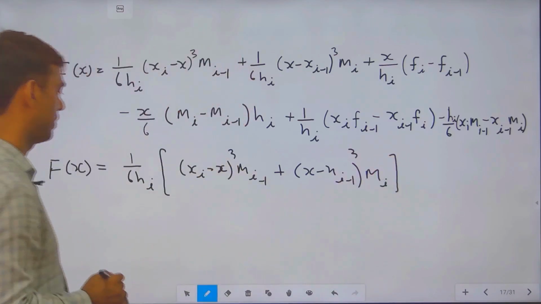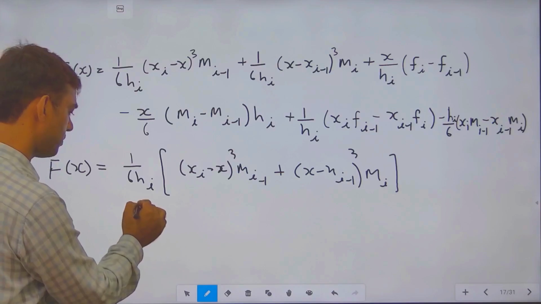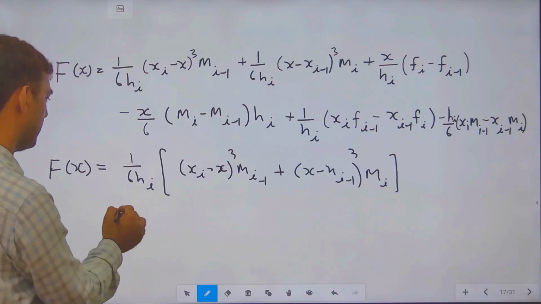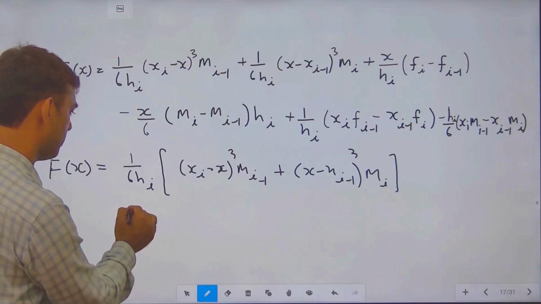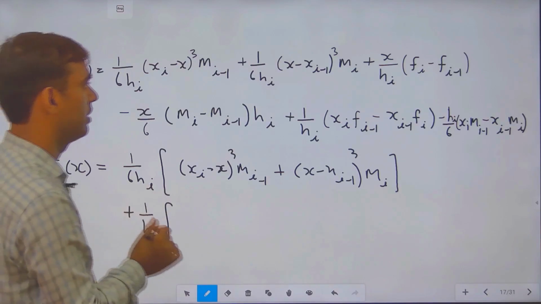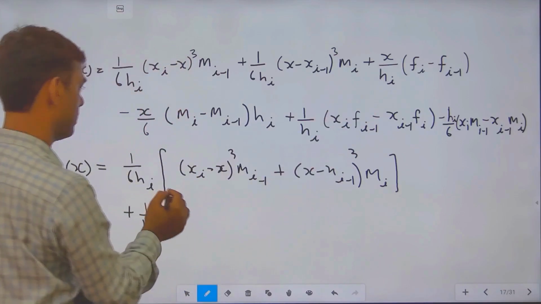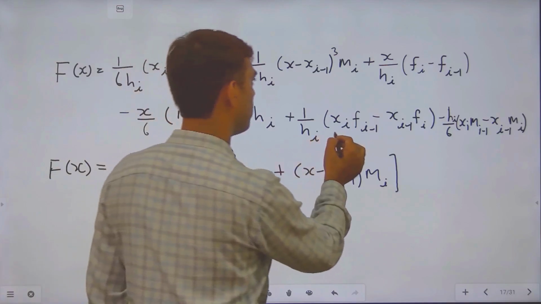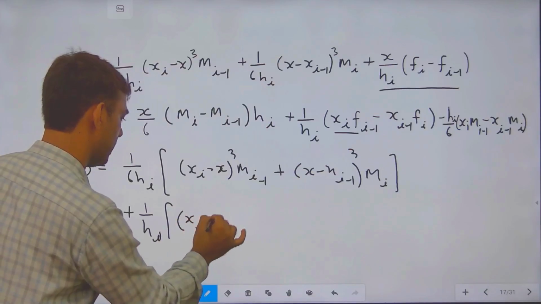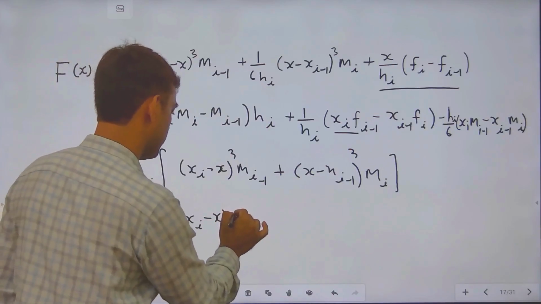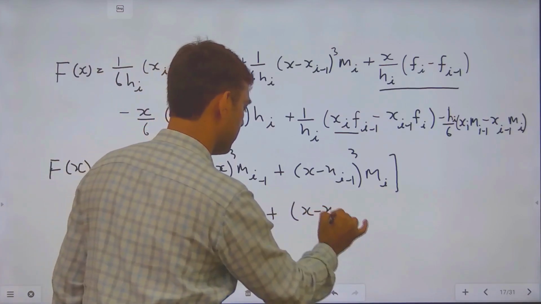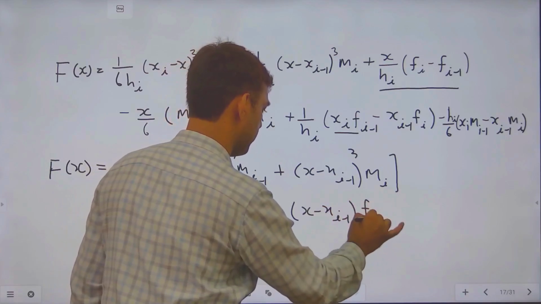This is the first term. The second term is 1 upon h_i inside; if we equate this term and this term, this becomes (x_i minus x) f_{i-1} plus (x minus x_{i-1}) f_i.